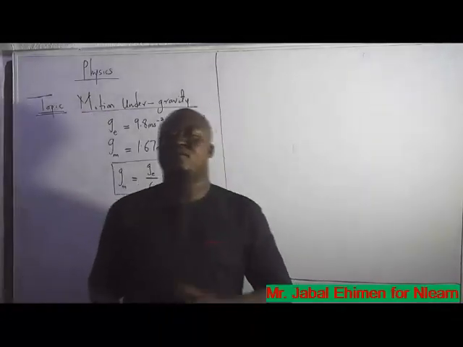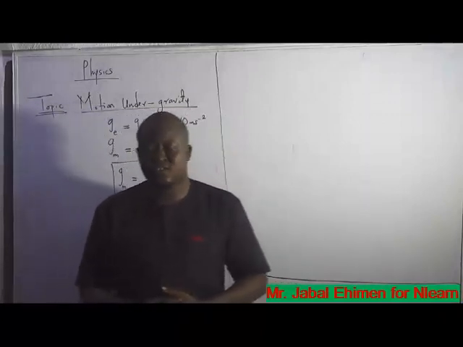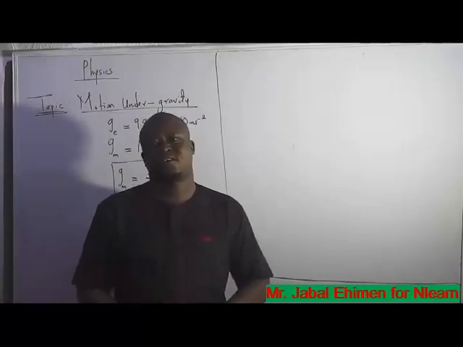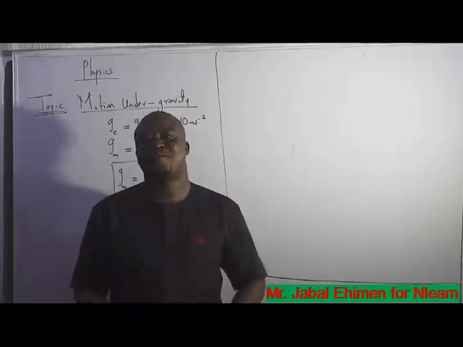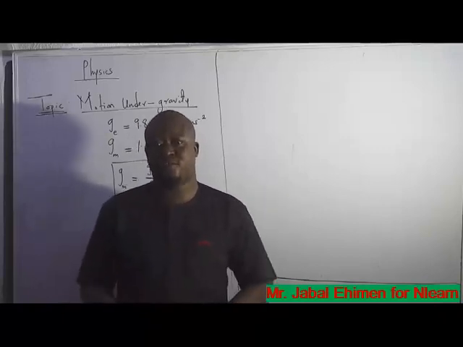Now, the existence of gravity, motion under gravity. Some years ago, our forefathers in the black race understood that gravity existed, but we were not able to explain it, although we had our own tools, which were not put into records.